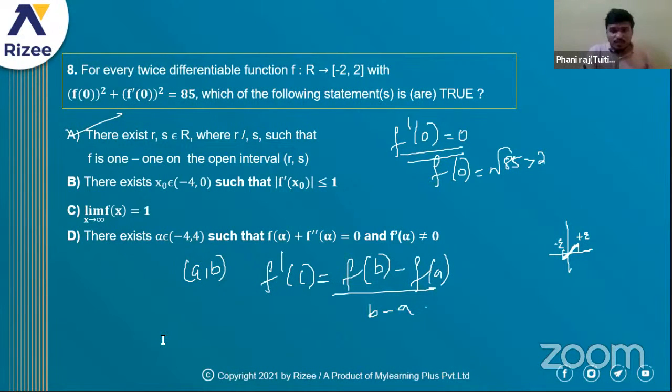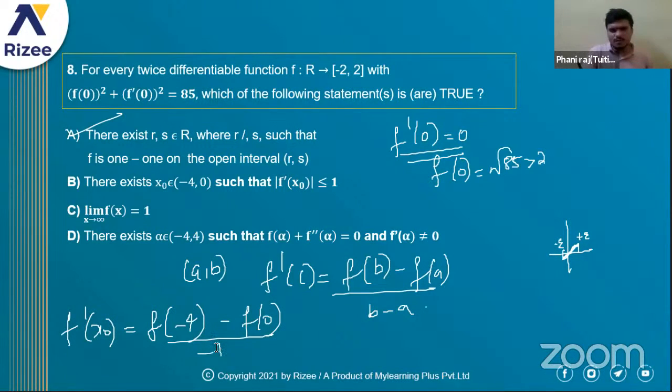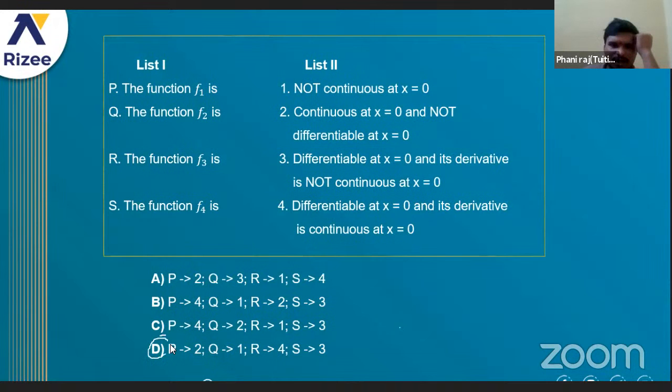There exists a point such that f dash of x naught equals (f of -4 minus f of 0) by (-4 minus 0). This is also the same as (f of 0 minus f of -4) by 4. Now f of 0 and f of -4 both lie between -2 and +2. So we are finished till here.